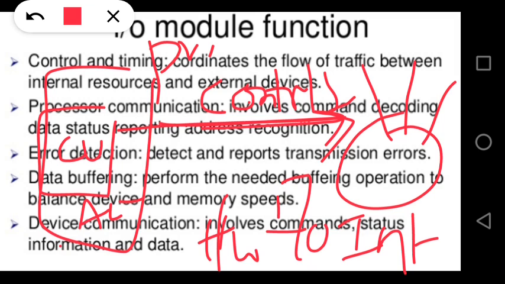If it is sending 1 byte at a time, the I/O unit receives that 1 byte, stores it in a buffer, and waits for the next byte to come. Once it receives 8 bytes, it transfers those 8 bytes to main memory using the processor bus. So this is called data buffering. This is a very important concept.